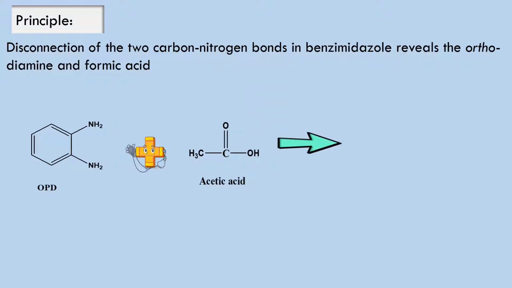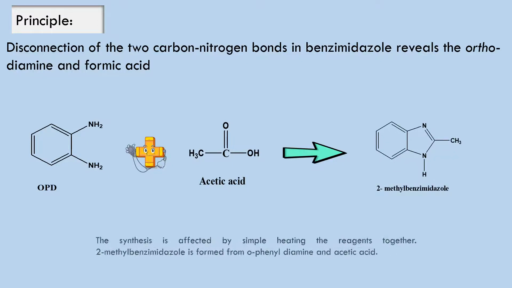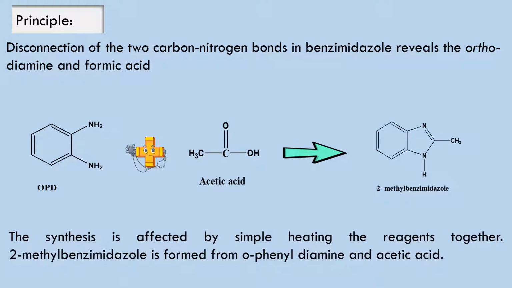It leads to 2-methylbenzimidazole. The synthesis is affected by simply heating the reagents together. 2-methylbenzimidazole is formed from OPD and acetic acid.